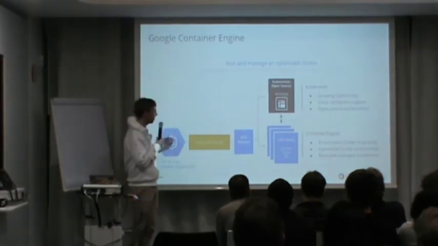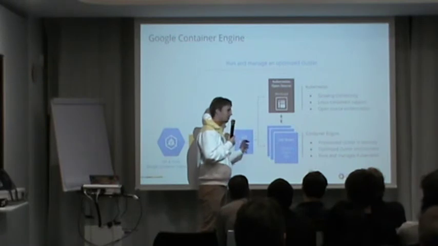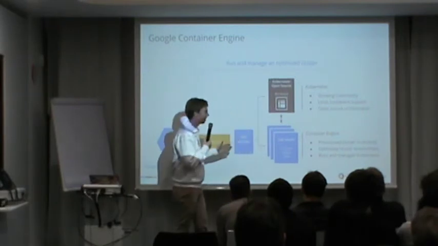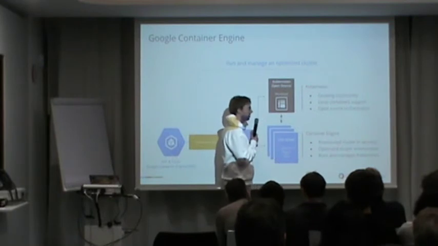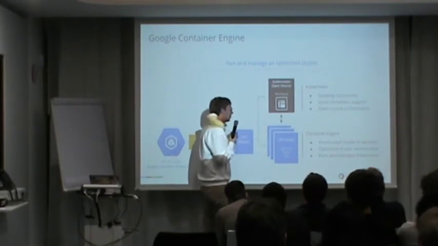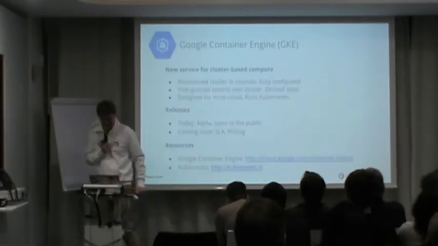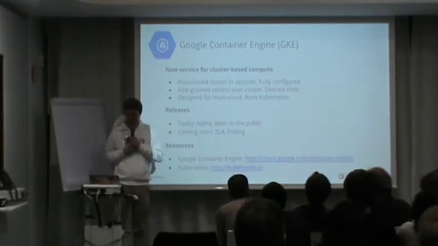Basically what Container Engine does, it creates and manages nodes and a master. Nodes in Kubernetes are called minions, and these are basically Compute Engine VMs in this case, and then there's one master which runs the whole scheduler, and Kubernetes as open source software is pre-installed in the newest version, so it's a completely managed service for you. So it's very easy to get started, provision clusters, well, they say in seconds.